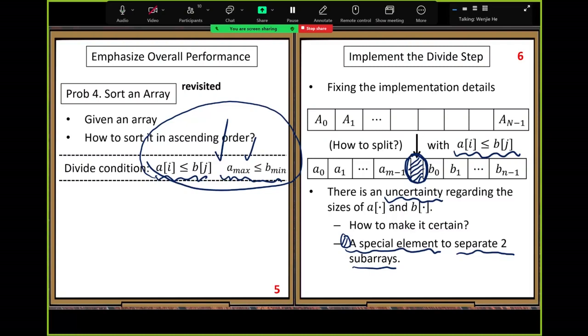Then all the elements at the left-hand side of this special element we treat as the left subarray, and all the elements at the right-hand side we treat as the right subarray.